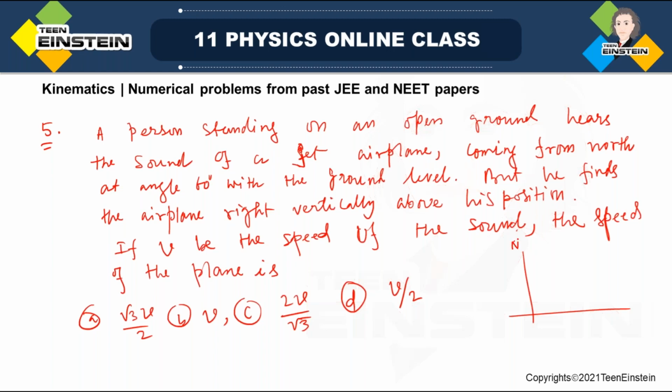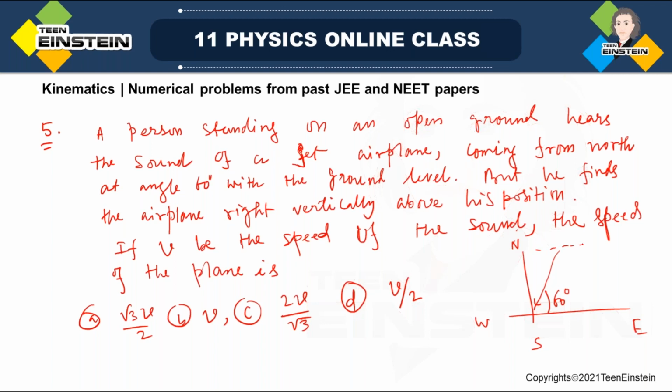Suppose this is north, this is south, this is east, and this is west. So sound is coming from north at an angle theta, 60 degree with the ground level.